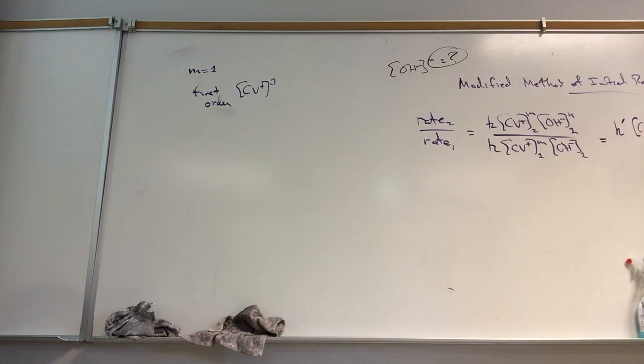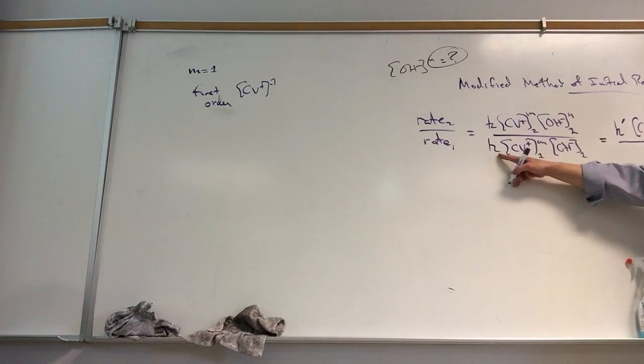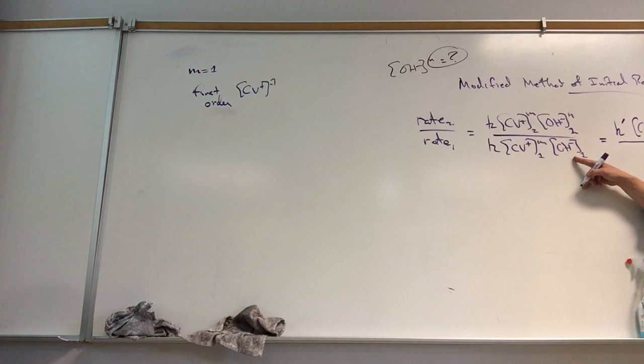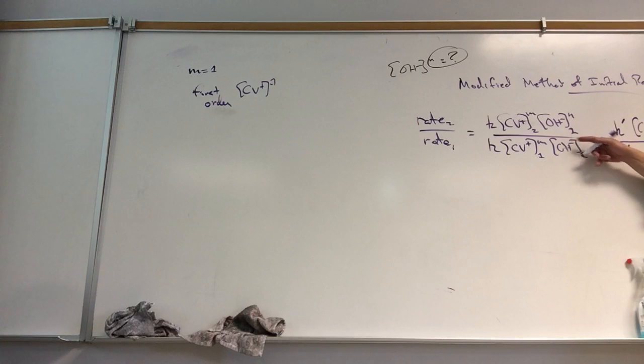I'm going to repeat this down here because we have a hydroxide here. But the hydroxide is a different concentration in these two runs. That's going to give us a different k prime, because this had a lower hydroxide and this had a higher. So we're going to call this k prime 2, and this k prime 1.